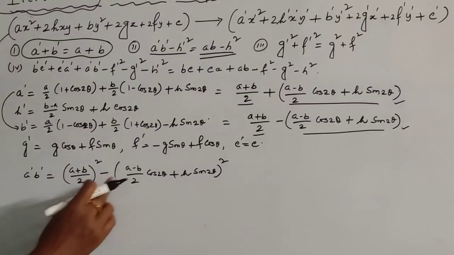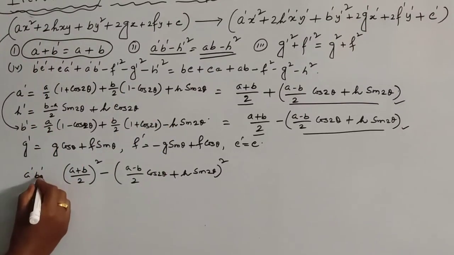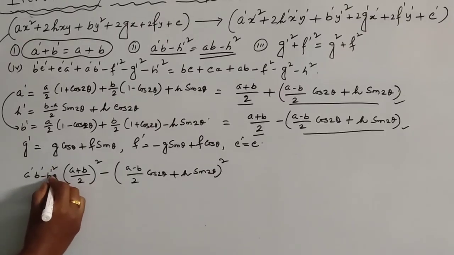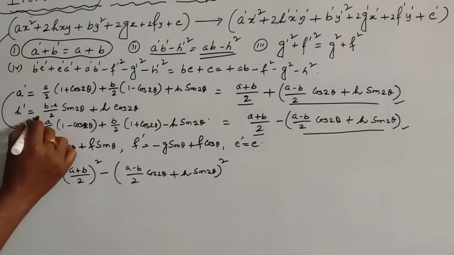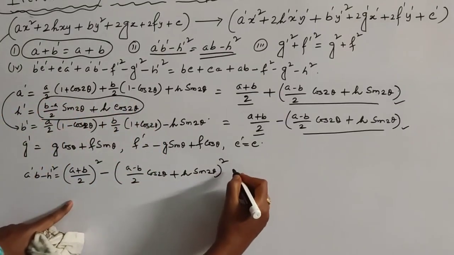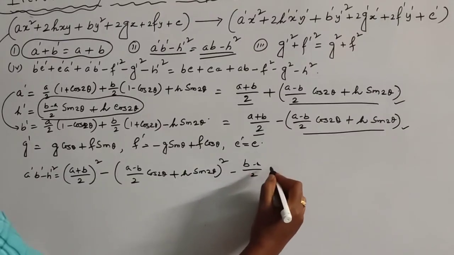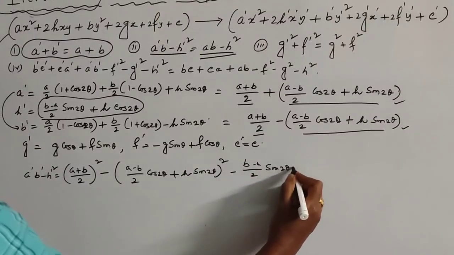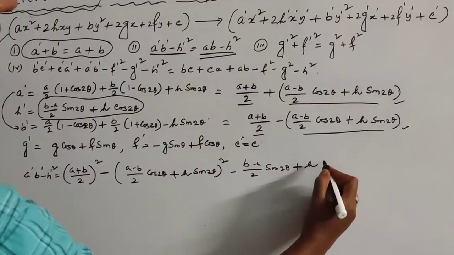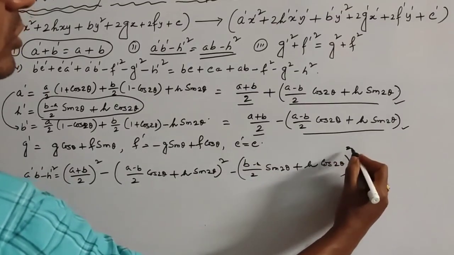Okay, a square minus b square. Now here we put minus h dash square. So h dash is this. Here we put minus ((b minus a) by 2 into sin 2 theta plus h into cos 2 theta) whole square.